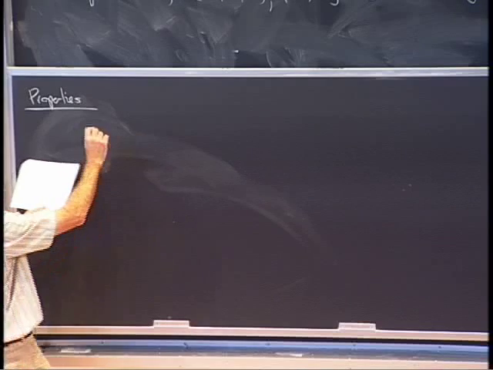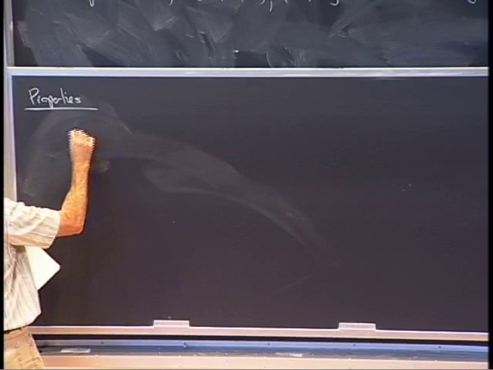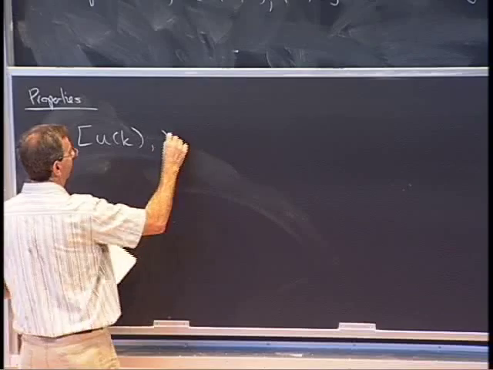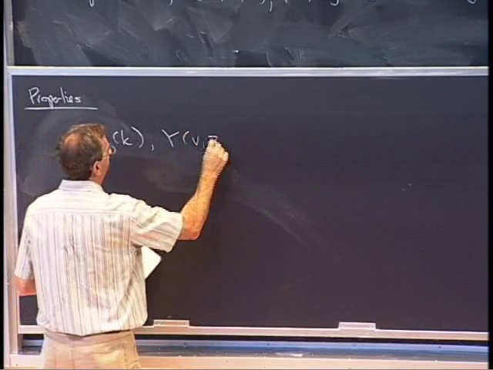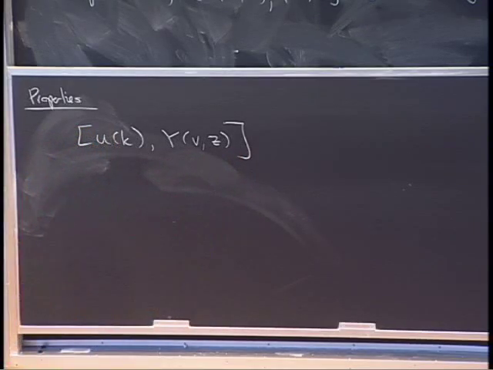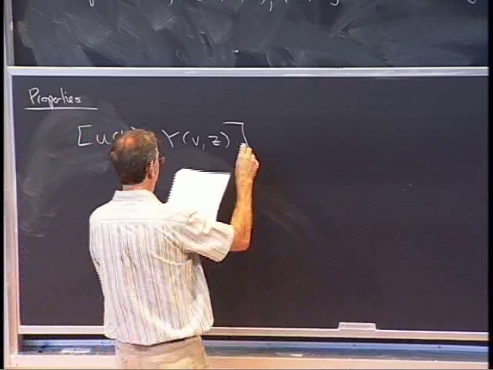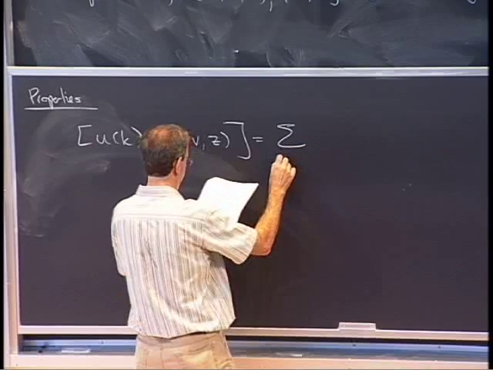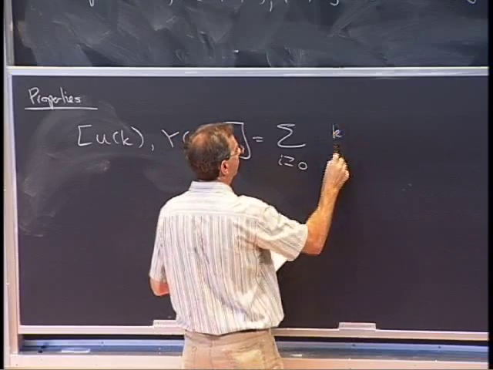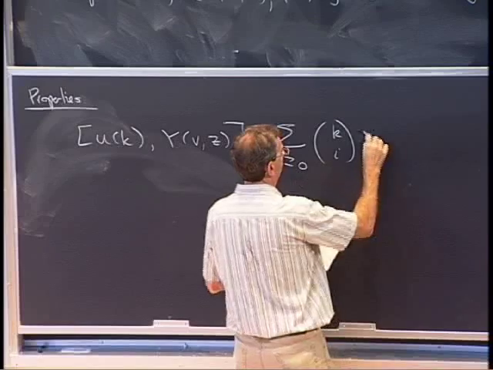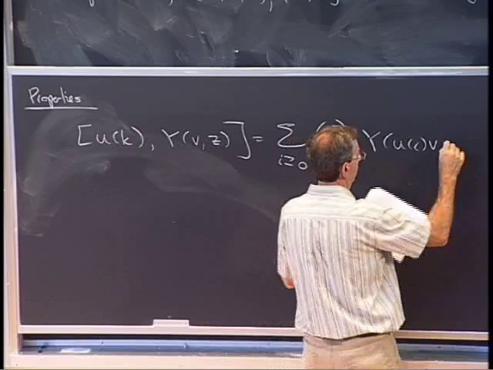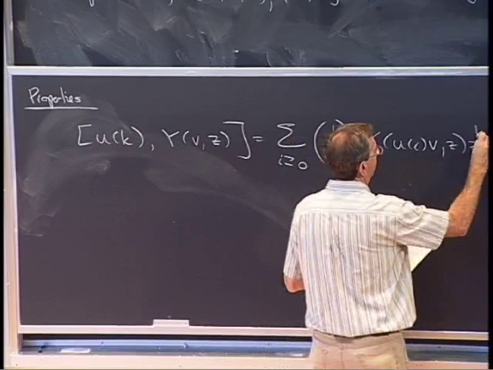So the properties we have: one of them is a commutator formula, the commutator of a mode u_k with a vertex operator. I think Jeff wrote this down in terms of the modes of v_n. It's a very nice formula: the sum over i greater than or equal to 0 of k choose i, u_i acting on v, to the k minus i.